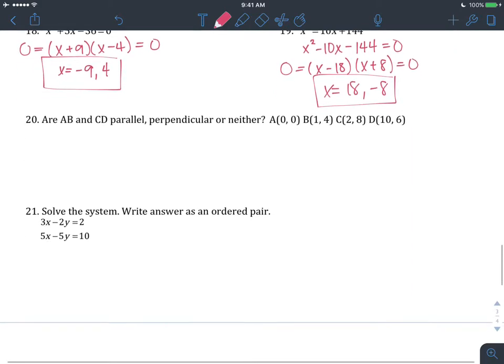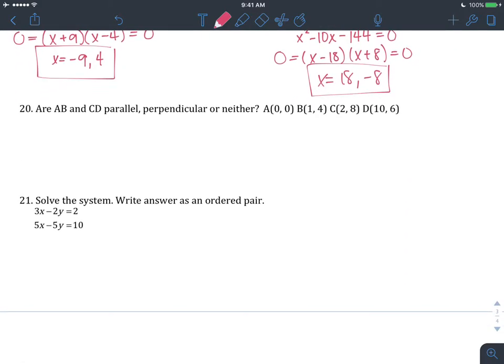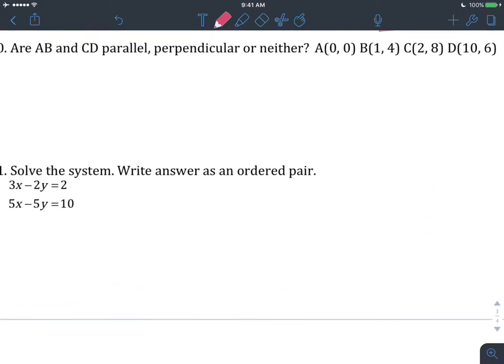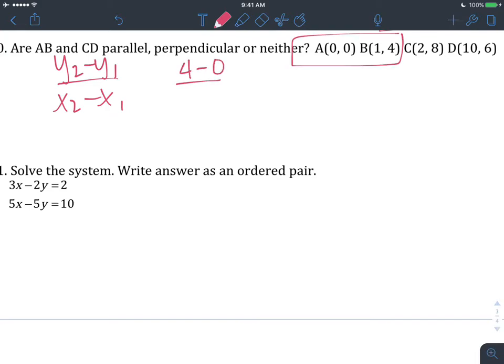Okay, are A, B, and C, D parallel, perpendicular, or neither? So you're going to have to use your slope formula, y2 minus y1 over x2 minus x1. So the slope of AB, we're going to have 4 minus 0 over 1 minus 0, which gives you 4 over 1, which is 4. Okay, that one's pretty easy.